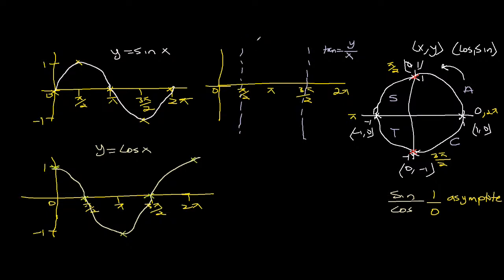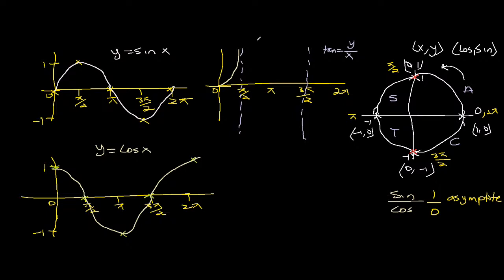So it's going to start from 0, and you can see that because your values of sine continue to increase, but your values of cosine continue to decrease. So you're going to have something that looks like this at that point.